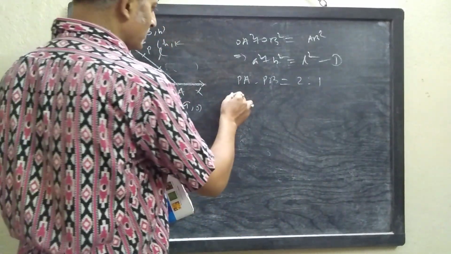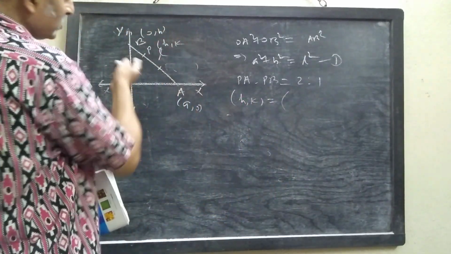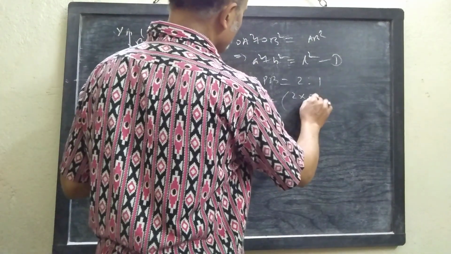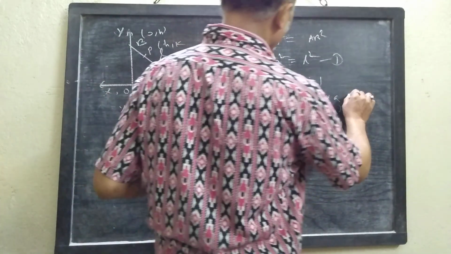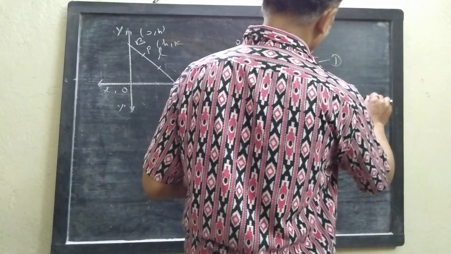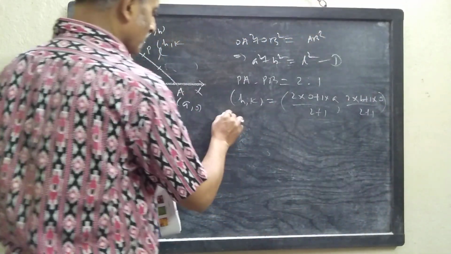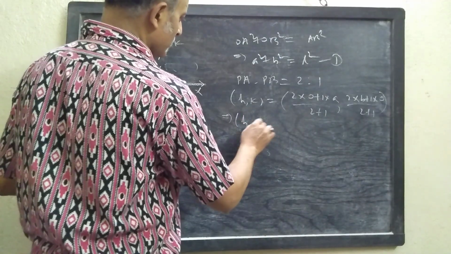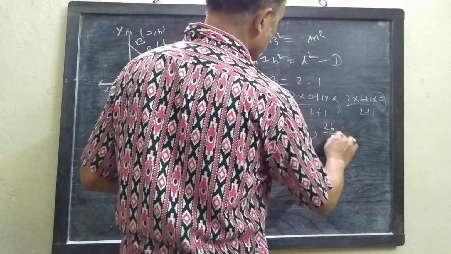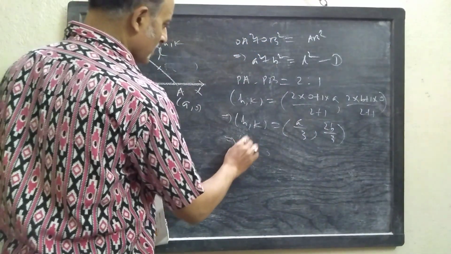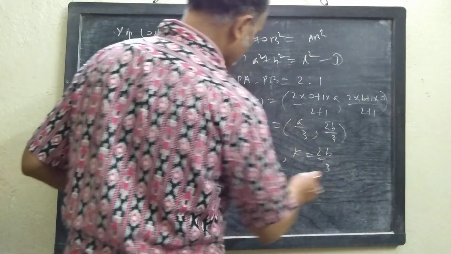In that case, similarly, we get (h, k) equals (2 into 0 plus 1 into a) by (2 plus 1), comma (2 into b plus 1 into 0) by (2 plus 1). That implies (h, k) is equal to (a by 3, 2b by 3). That implies h equals a by 3 and k equals 2b by 3.